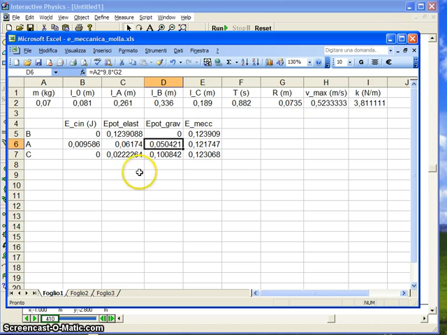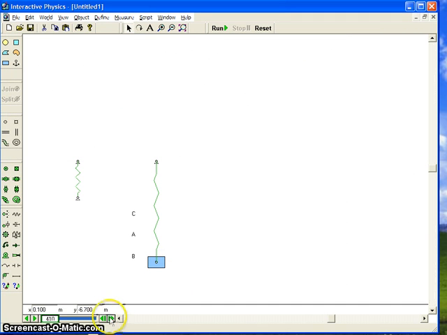In this case you have a different value, it is not 0, because in the A position there is a height between the reference level, where the potential energy was 0, and the position.